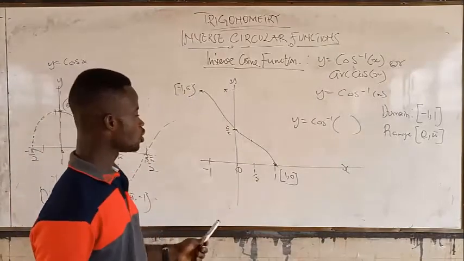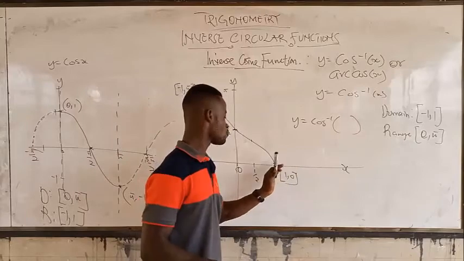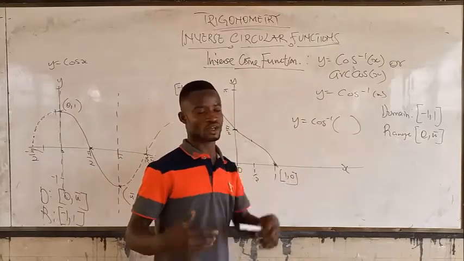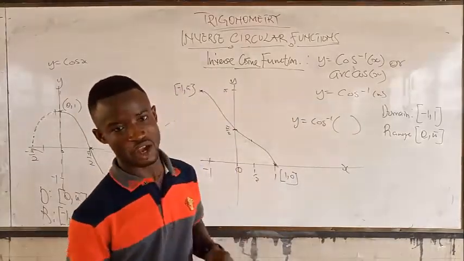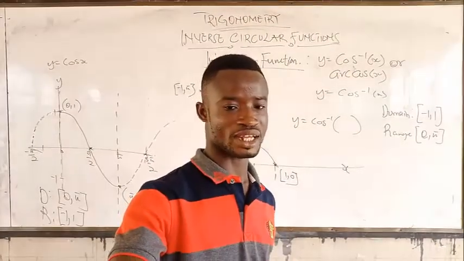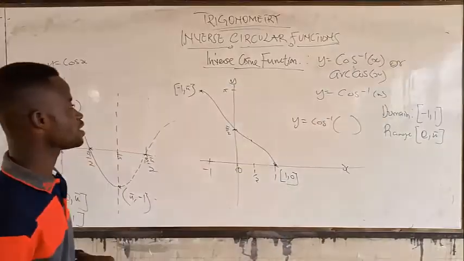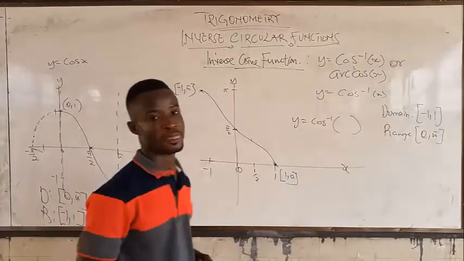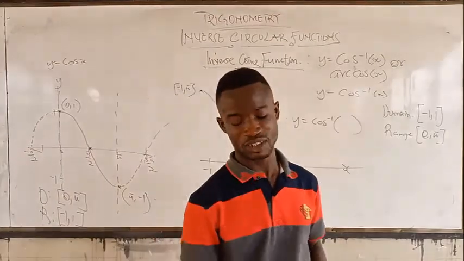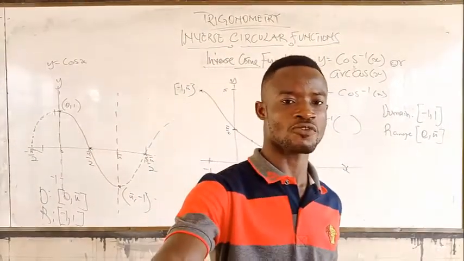But for values greater than 1, you will not get it. You are going to get undefined for that, and we will discover that in our next lesson when we are solving for the value.